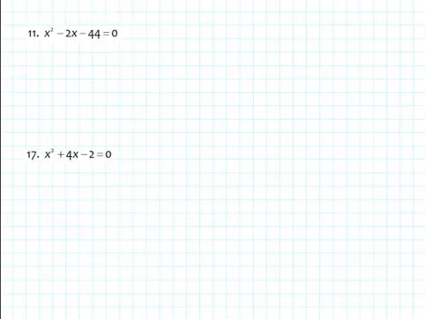Problem number 11. X is equal to a negative B, which will be a +2, plus or minus the square root.